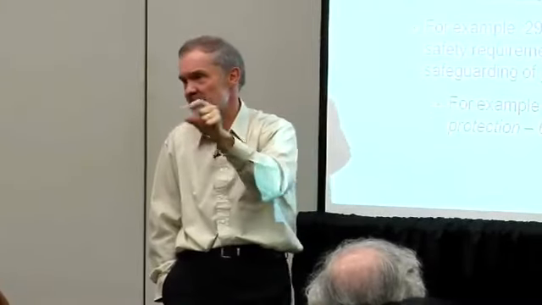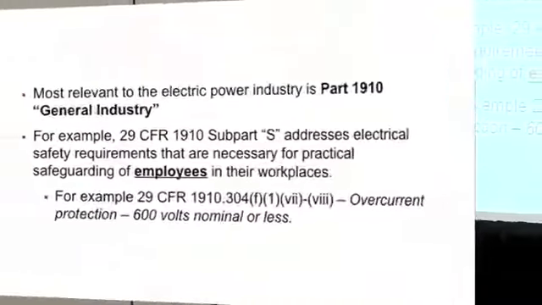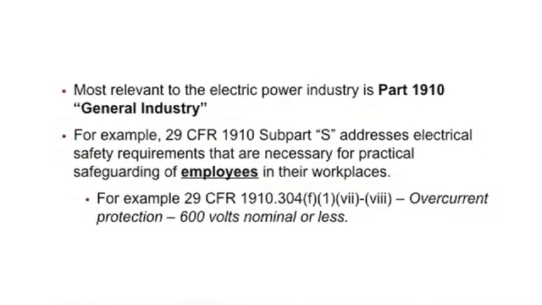If you drill down to just one, I cut and paste out of the whole document one little title of one of the articles: 29 CFR 1910.304(f)(1)(vii) and (viii) is overcurrent protection of 600 volts nominal or less. And it goes through details after details. It is down to the minutiae, down to the very detailed level of what the law requires or spells out that we do.